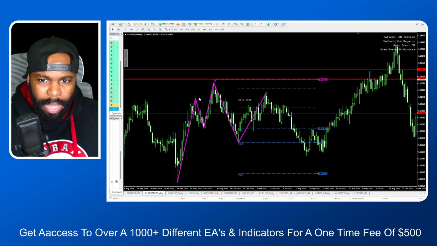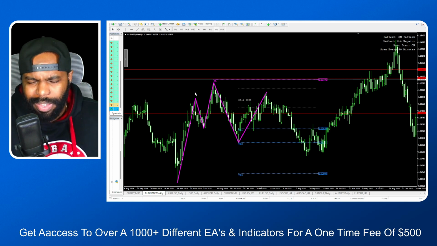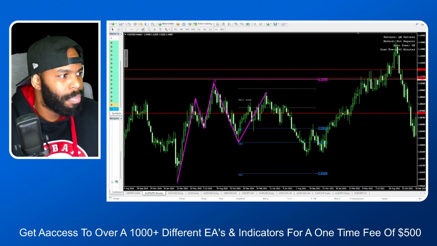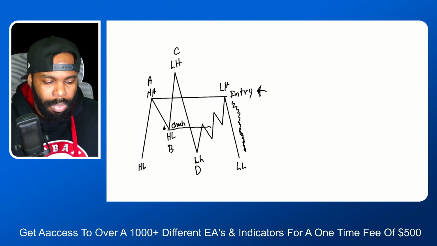We created a point A. I hope you guys can see my mouse. So my mouse right here is point A. So A is here, right? Which is a higher high. And then we created a higher low, which is point B right here. Remember, I talked about point A and point B and point C and point D, right?